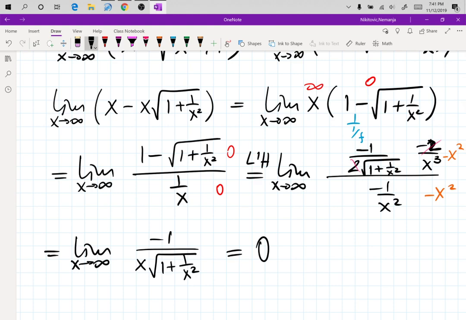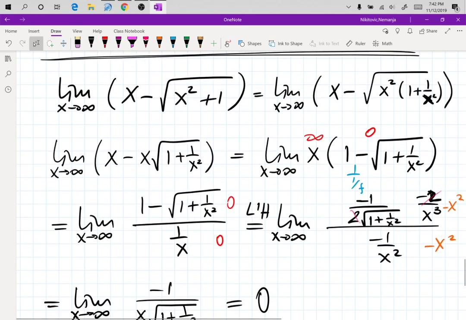So 1 plus 0 is 1. Square root of 1 is 1. 1 times x is x. So all of this stuff works out to be 1. So it's just negative 1 over x. So if this over here was x, the answer would be negative 1. But because it is 1, the answer is actually 0.